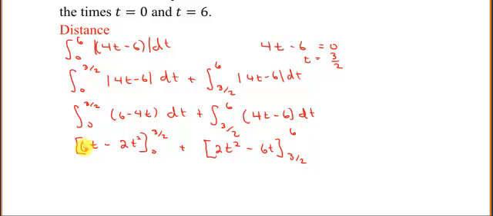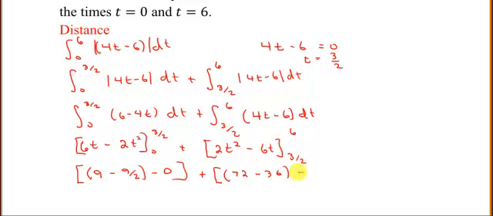When I evaluate the first at 3 halves, 6 times 3 halves is 9, and 3 halves squared is 9 fourths times 2 is 9 halves, so minus 9 halves. At 0 we have 0, so it'll be 9 minus 9 halves. Plus, at 6, 6 squared is 36 times 2 is 72, minus 36.